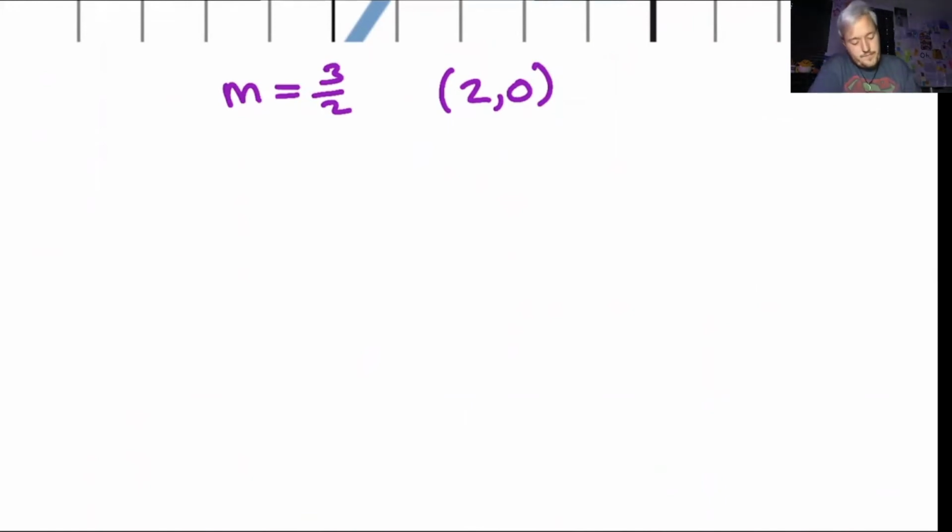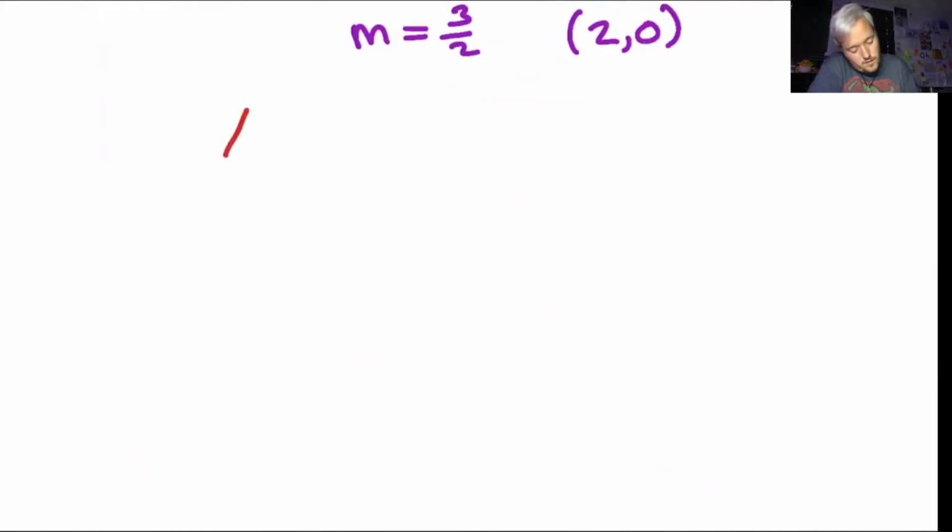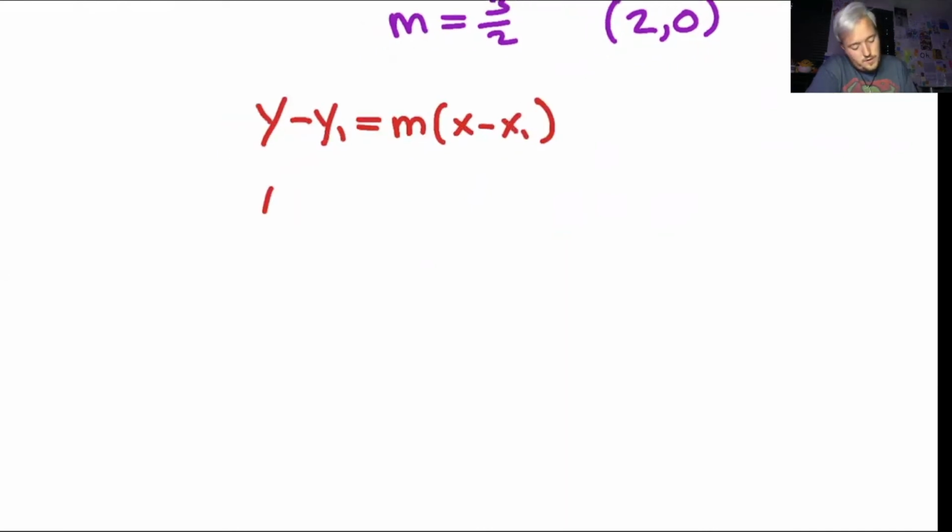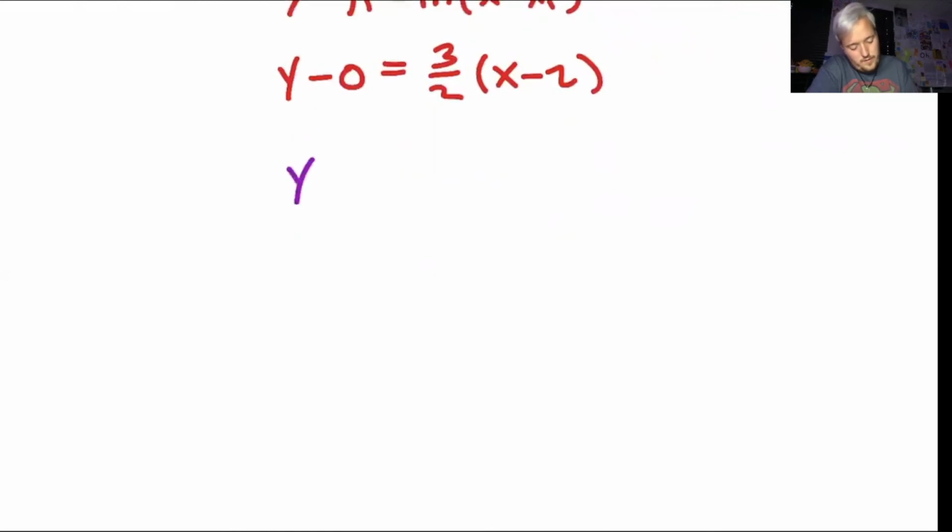All right, so start with y minus y1 equals m times x minus x1. So now I'm going to start with y minus 0 equals 3/2 times x minus 2. So now I'm going to have y equals 3/2 times x minus 2.